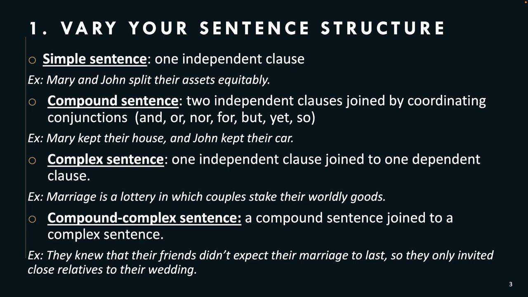Then we have complex. A complex sentence is one independent clause joined by a dependent clause. So that would be the first one: they knew that their friends didn't expect their marriage to last. They knew is an independent clause. That their friends didn't expect their marriage to last is a dependent clause. Then we have so, which I repeat is a coordinating conjunction. And there you have it.